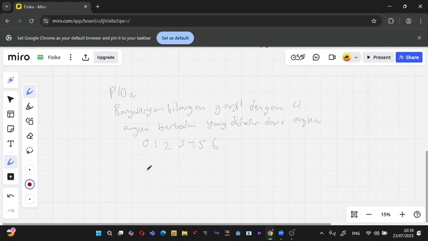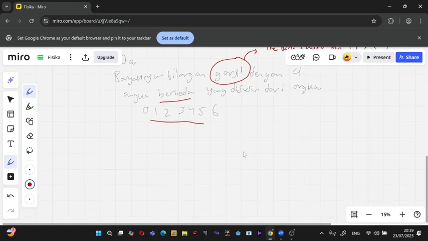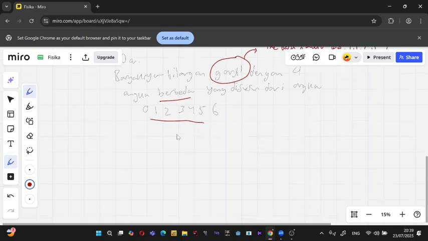First of all, you identify the requirements: every digit needs to be different, and the number must be an odd number. If you want an odd number, the back of the number should be an odd digit, which is 1, 3, 5. Yeah, that's basically it.